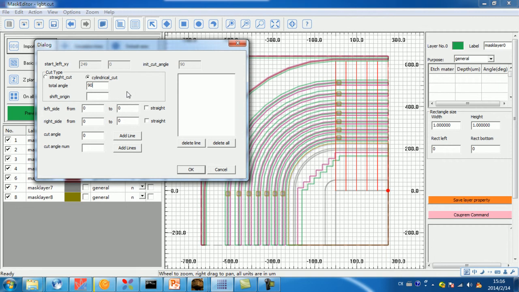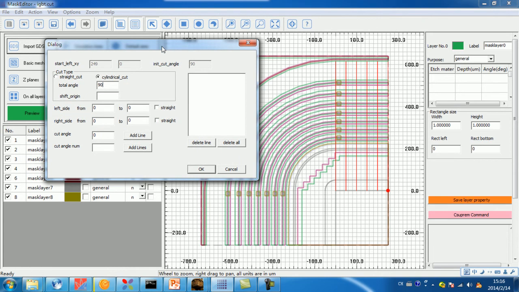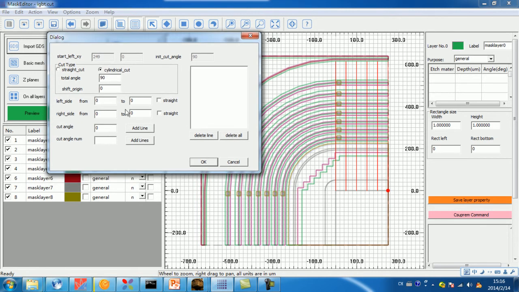Shape origin is the distance between the center and the initial reference point. In this case, the reference point and the center of the circle are coincident, so shape origin is 0. Left side from is 0, left side to is 0. Right side from is 615, right side to is 615.